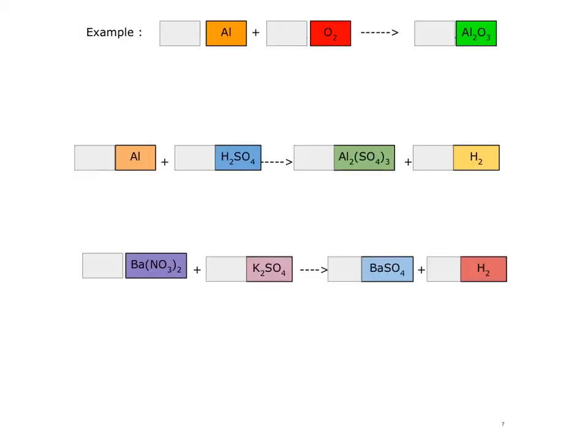Now it's up to you to go do some examples over in your notebook. I can't do it here because of the program I'm using, but over in the gray space on the left side of slide number 7, I think, in your notebook, you've got stacks of boxes for each of these elements.